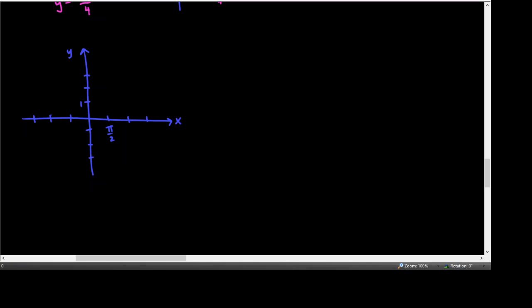And you may remember that the tangent is undefined at odd multiples of pi over 2, which means it has vertical asymptotes when x is equal to an odd multiple of pi over 2.